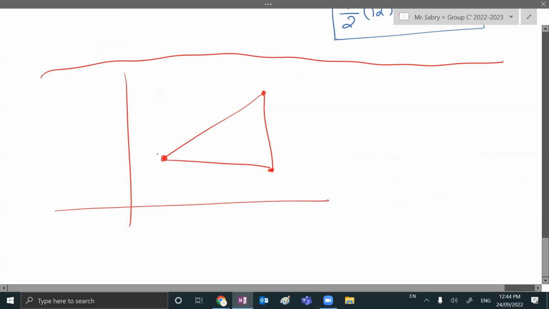Let's say you're given that this point is 2 and 2, this point is 4 and 1, and this point is 4 and 5. These kinds of things are not accurate, okay? We would like to find the area of this shape.